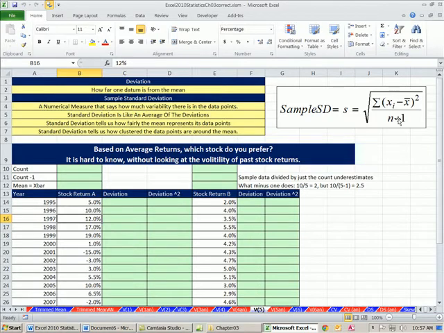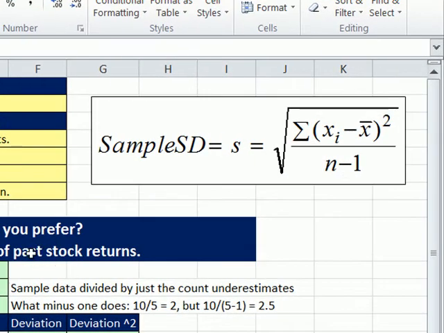And in the denominator, we're going to divide by the count. Now, why do we have to minus 1? Sample data divided by just the count tends to underestimate. And so to compensate for that, we do n minus 1 for a sample. Now, what does minus 1 do? If you think about this, what's 10 divided by 5? It's 2. Now, what if we subtracted 1 from that 5?